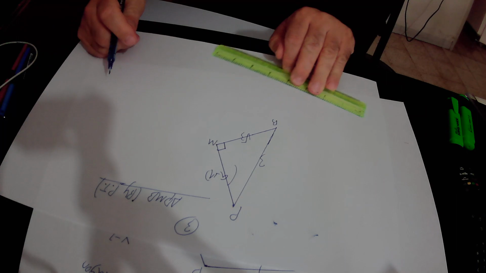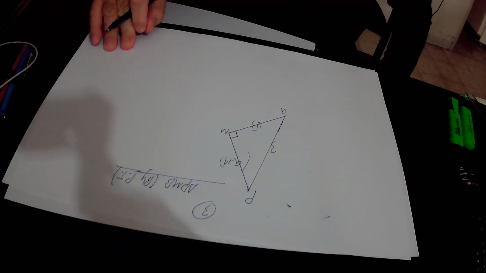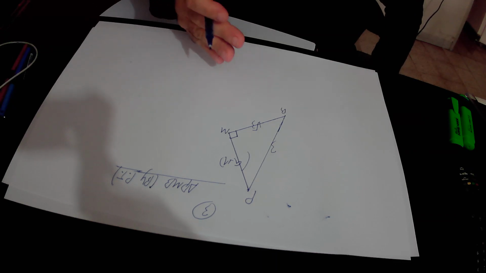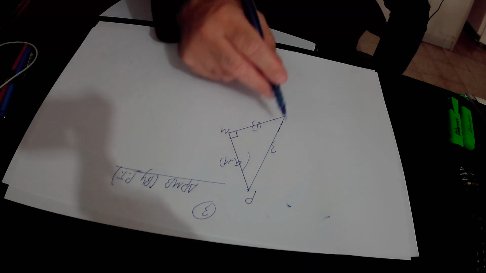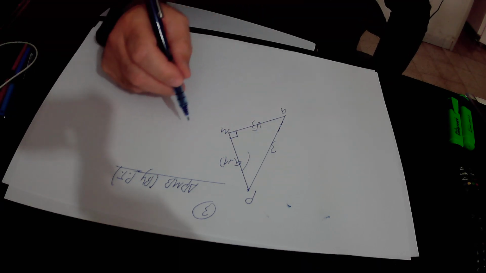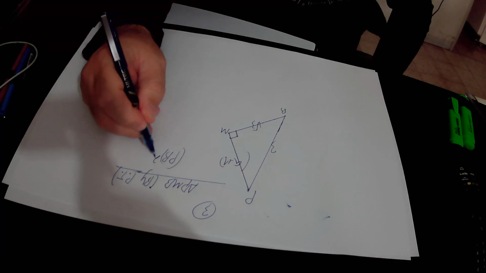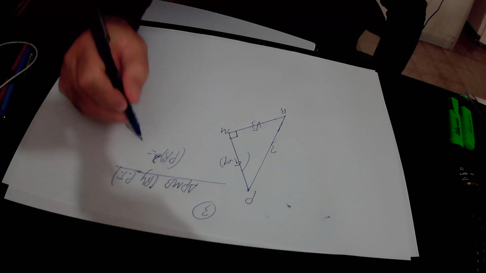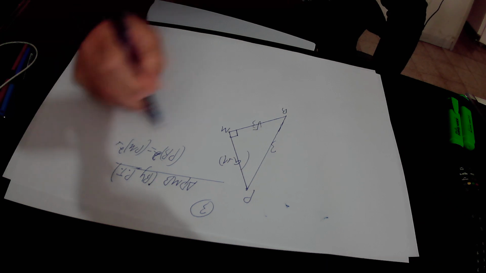According to the Pythagoras theorem, in any right triangle, the square of the hypotenuse equals the sum of the squares of the perpendiculars. In this right triangle PBM, the hypotenuse is PB, therefore the square of the hypotenuse is PB squared, and it must be equal to the sum of the squares of the perpendiculars, that is to say, PM squared plus BM squared.